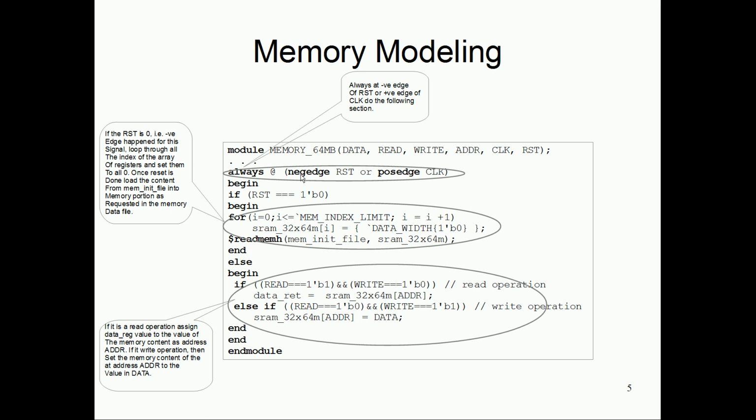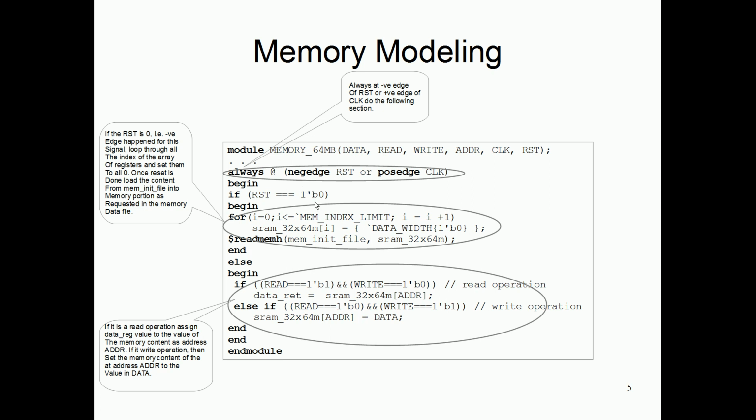Now the core part, where we actually implement the memory. What we do: always at negative edge of reset or positive edge of clock. We first check at reset if it is reset 0. Negative edge means it is coming from high to low, so ultimately it lands at a value of 0.